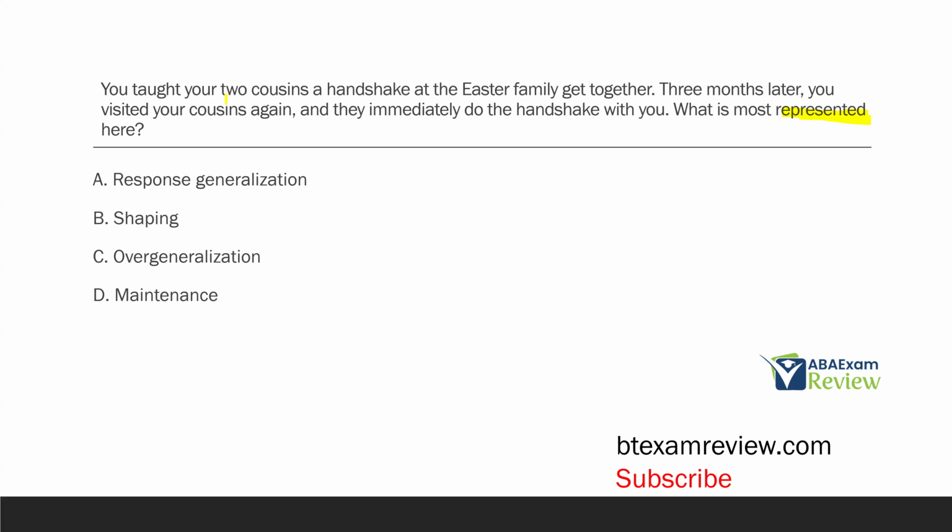And the context is you taught your cousins a handshake at the Easter family get together. So you've taught them this skill. 3 months go by, you visit again, and they immediately do the handshake with you. Now, when you're thinking about generalization and maintenance and these ideas, maintenance has a teaching component, it has a break in teaching where its teaching stops, and then it has a demonstration of the skill that was taught.